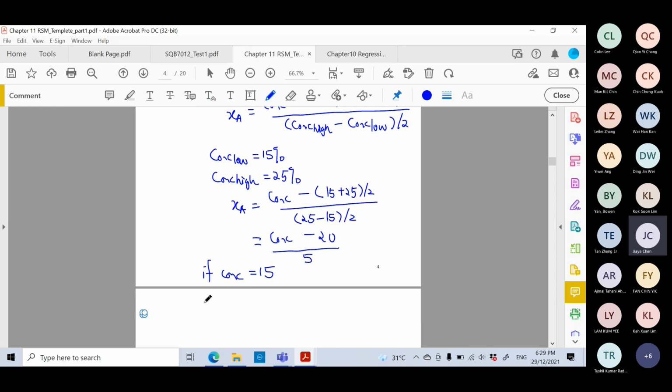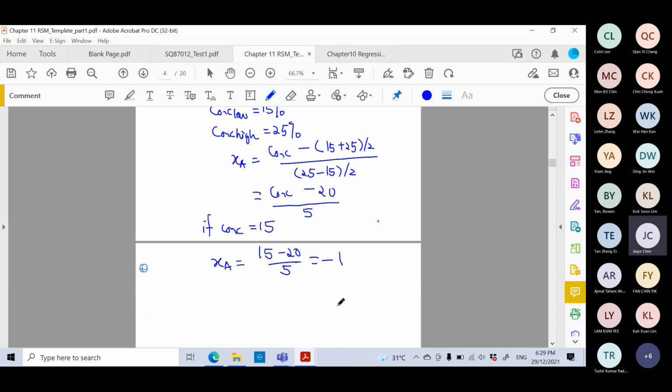Your XA will equal the 15 minus the 20 divided by 5, you get minus 5, minus 5 divided by 5, you get minus 1. If the concentration is equal to 25, the XA will equal the 25 minus the 20 divided by 5, so you get 1. Therefore, for the coded variable, you have a value of minus 1 and a plus 1.